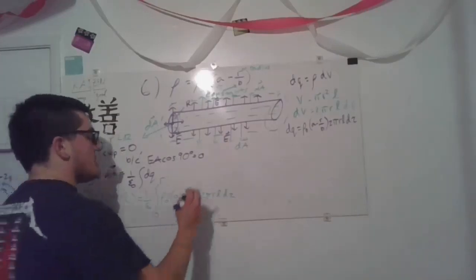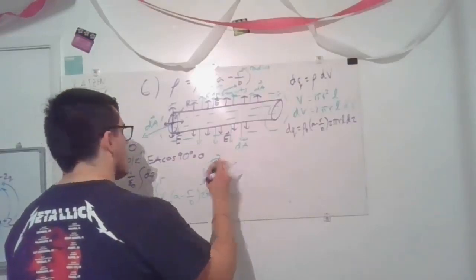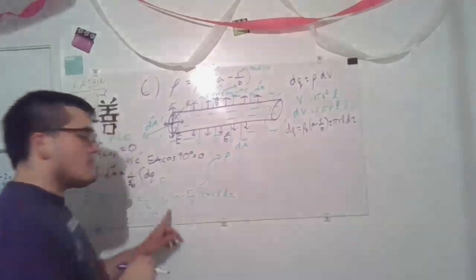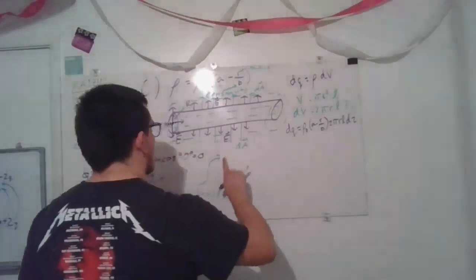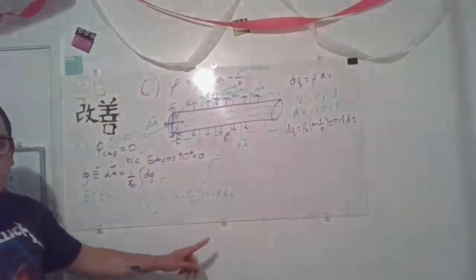Now just go ahead and multiply this out. You can pull rho naught out of here. It's a constant, so I'm going to go ahead and pull it out. I'm only going to work with this right side for now.